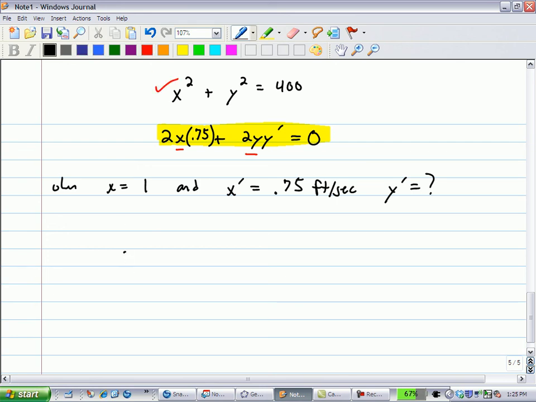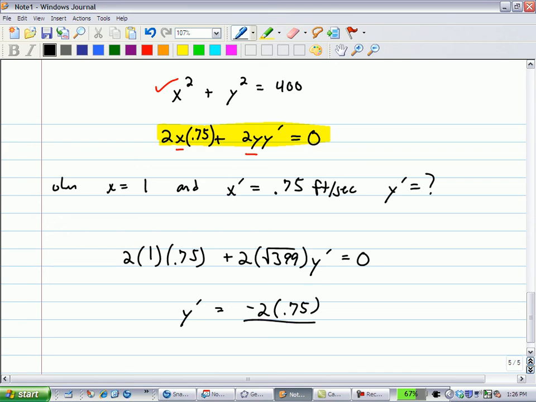So you'll just go 2 times 1 times 0.75 plus 2 times root 399 y prime equals 0. So you end up with y prime equals negative 2 times 0.75 divided by 2 root 399. I just moved this entire term over, so it became negative.